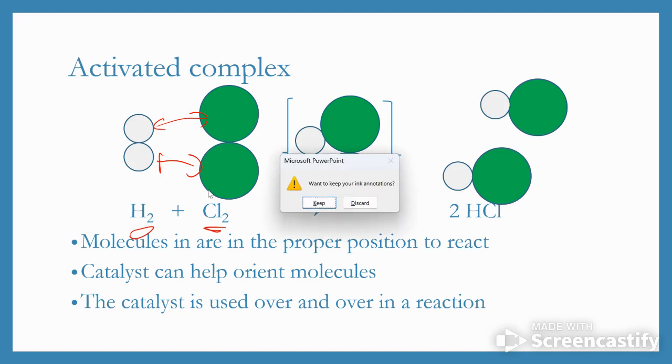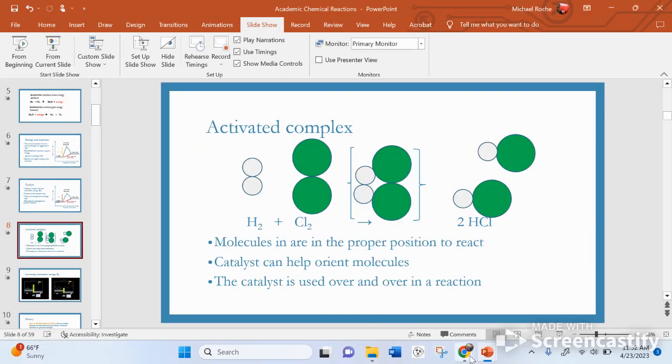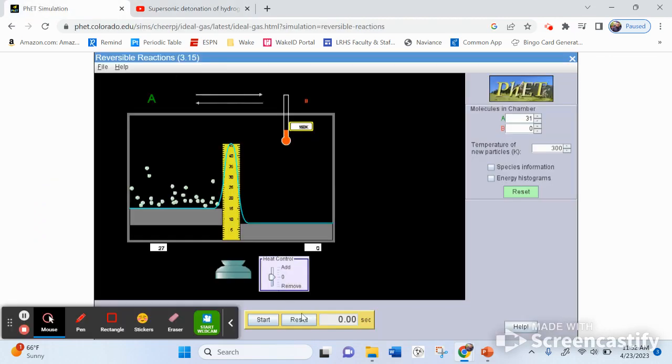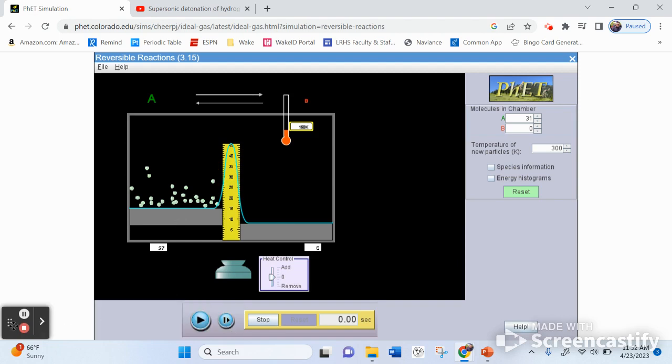And if we look into that here real quick with this simulation, here's a reaction that's occurring. If you increase the temperature, things move faster, right? And the reaction can occur.